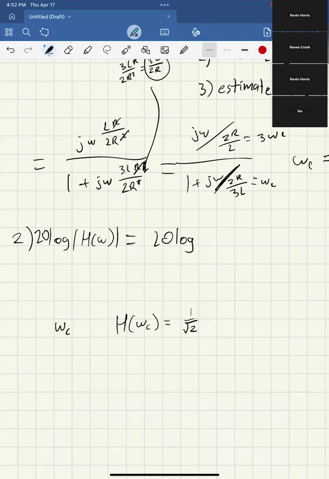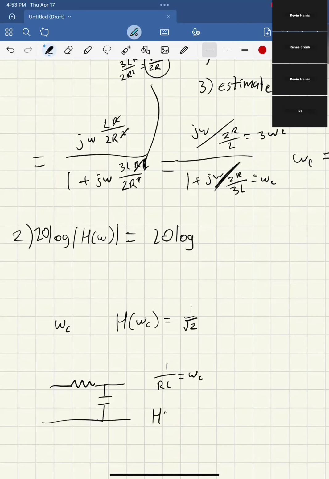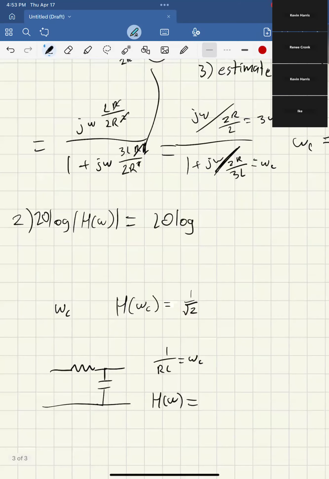So if you have an R and a C, this is the standard example. This is going to have, I think just off the top of my head, 1 over RC as the omega C, which means the transfer function is the standard Bode plot thing you've seen, where it's flat and then starts going down.